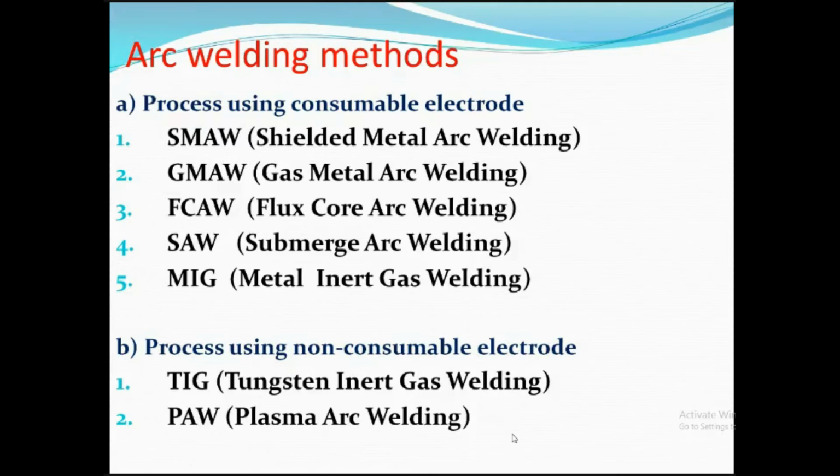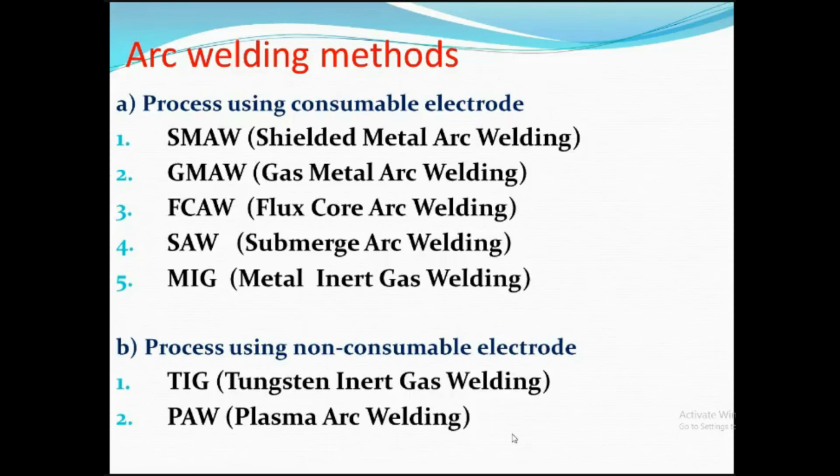Consumable has 5 categories: SMAW, shielded metal; GMAW, gas metal; FCAW, flux core; SAW, submerged arc; MIG, metal inert gas. And the process using non-consumable electrodes: TIG, tungsten inert gas; and PAW, plasma arc welding.